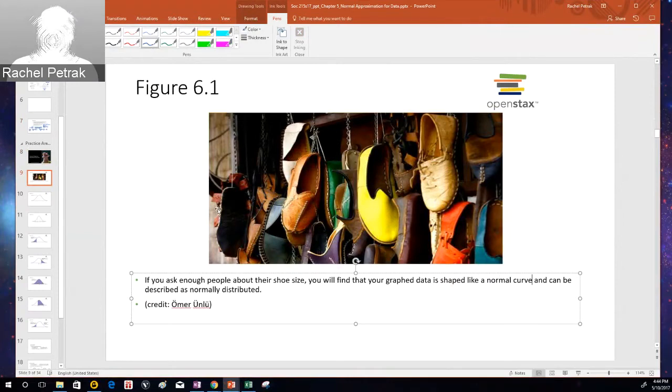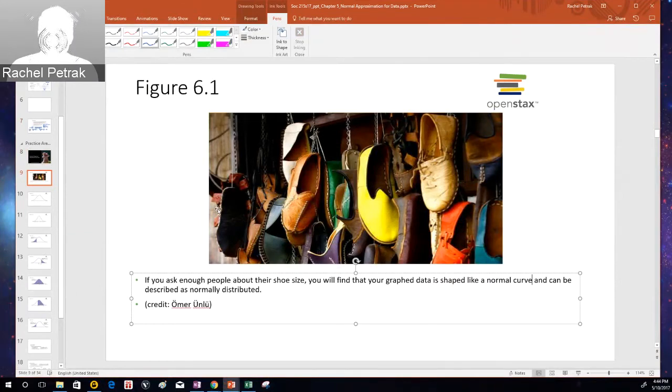If we measured introversion versus extroversion, like how socially motivated someone is. Also, lots of health variables are normally distributed. So when you look at variables like temperature, everyone knows that average body temperature is 98.6 degrees Fahrenheit.